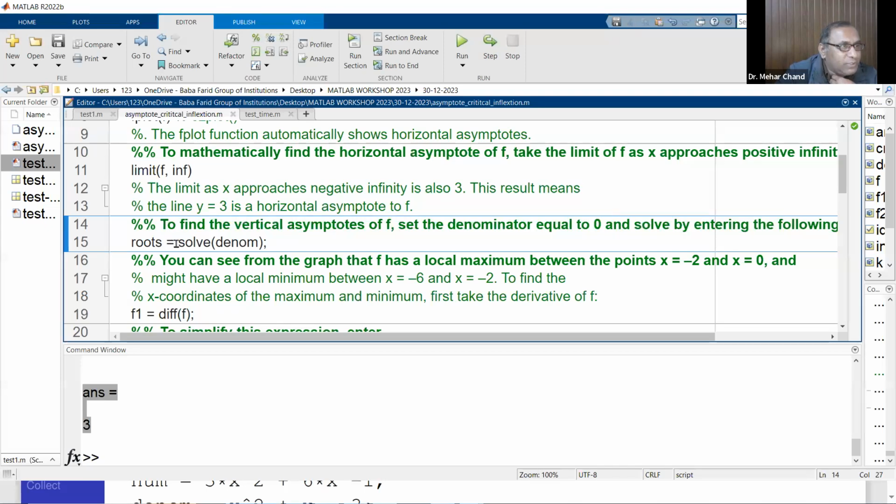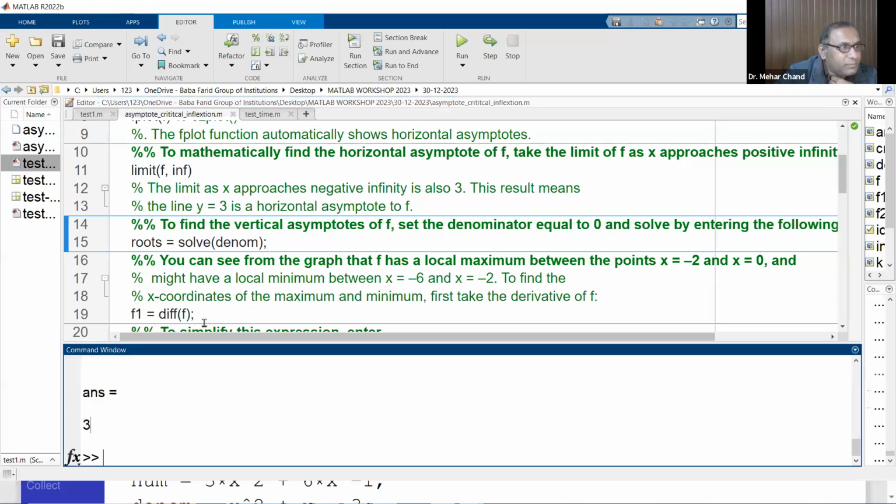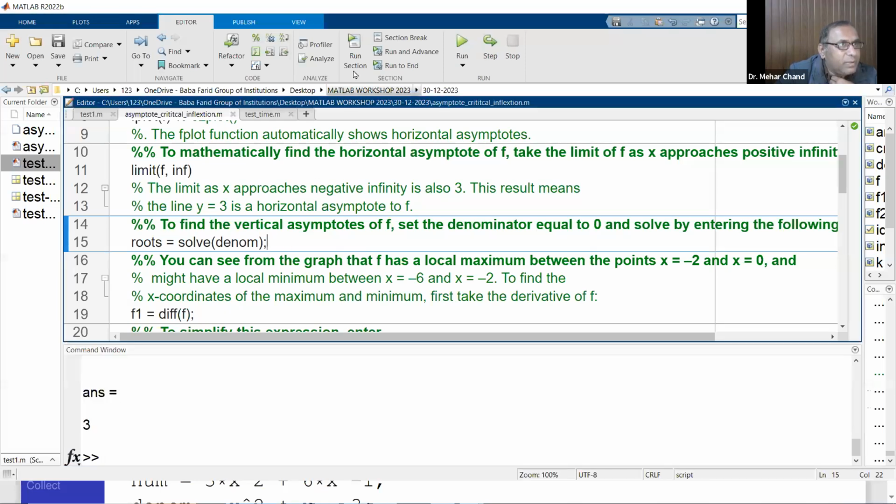Yes, root solve denominator. So this will calculate the values, and you can run from this place. You can run this section, and you have the values.